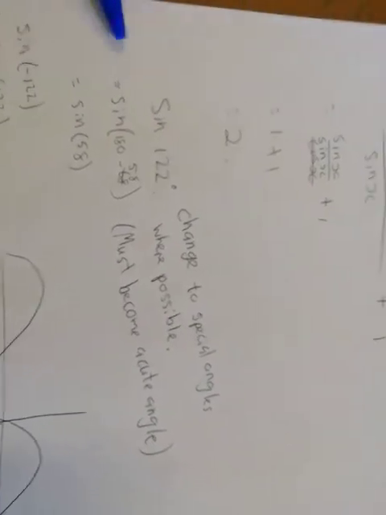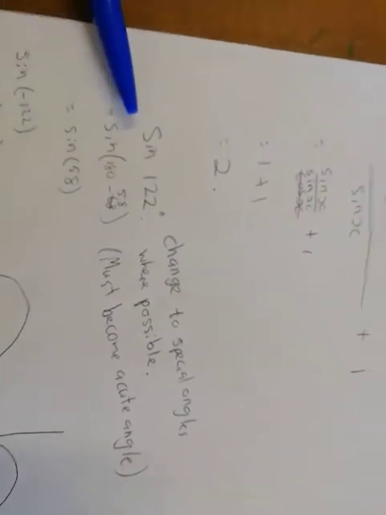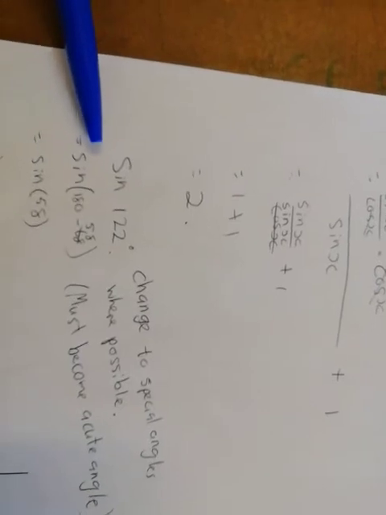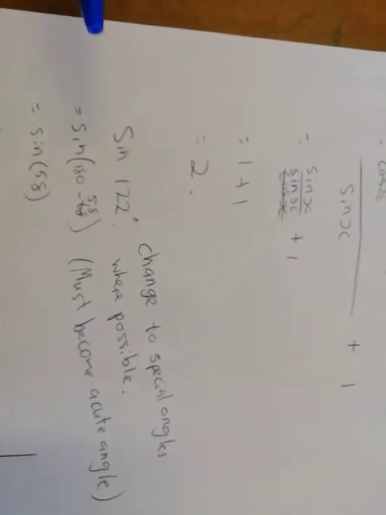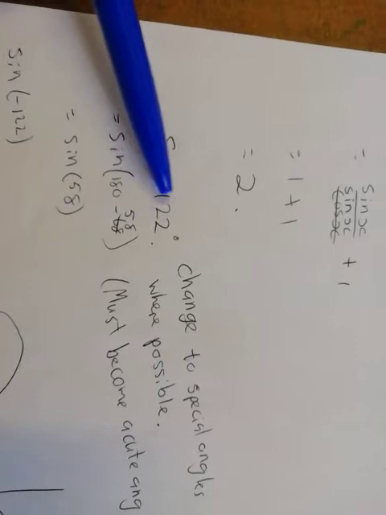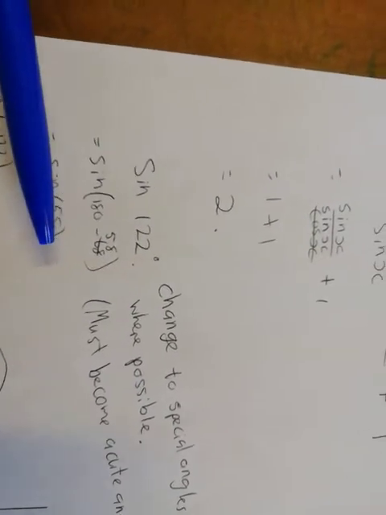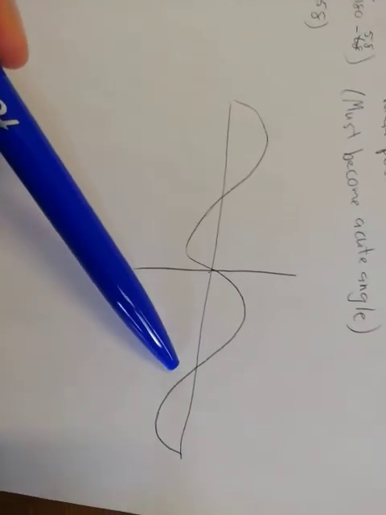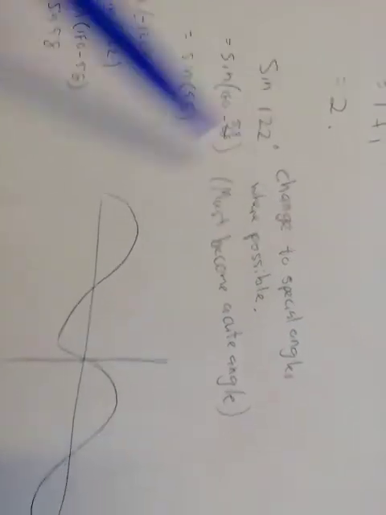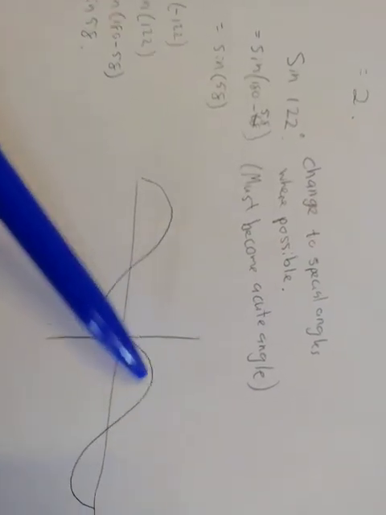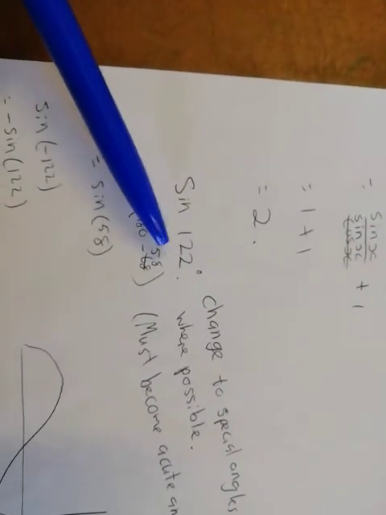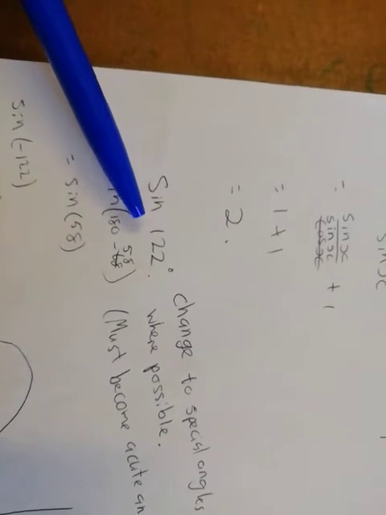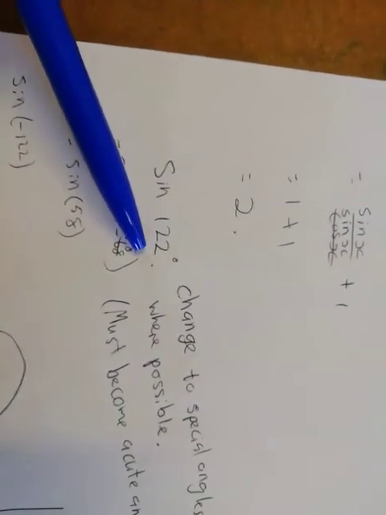They can also give you a numerical question like sine of 122. First thing you need to know, you need to make that angle an acute angle. And because of how the graphs work, the same answer, the same angle that you have can be at multiple different positions. So for this one, you have to check what will be the easiest way to get to 122.